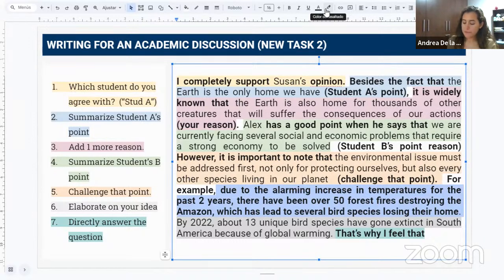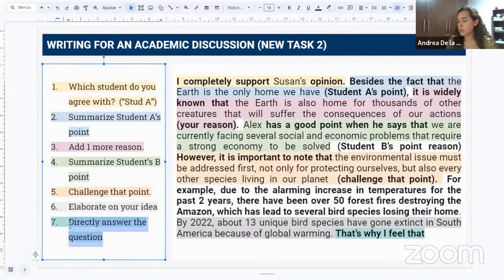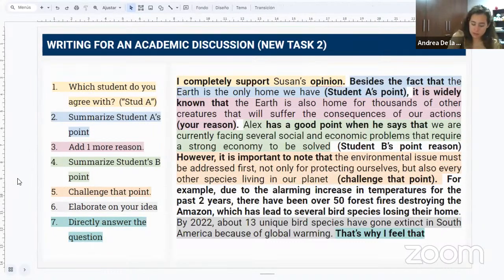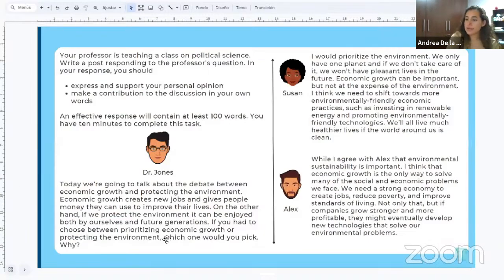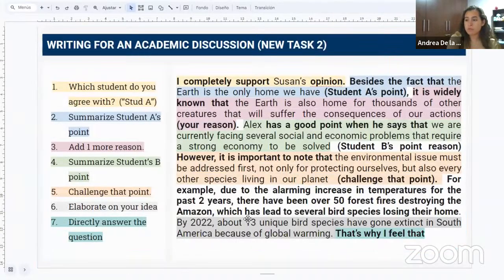Okay. And finally, after you have elaborated on your idea by giving examples and details and so forth, the last thing you guys need to do is have a short conclusion for the paragraph where you directly answer the question. In this case, you're going to go back and read the question again. So the question was, if you had to choose between prioritizing economic growth or the environment, which one would you pick?